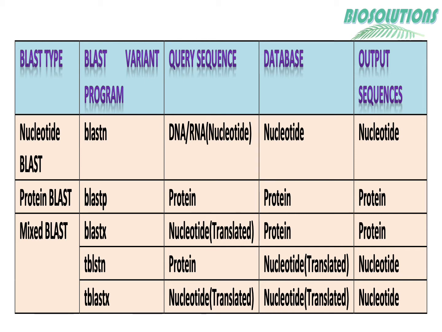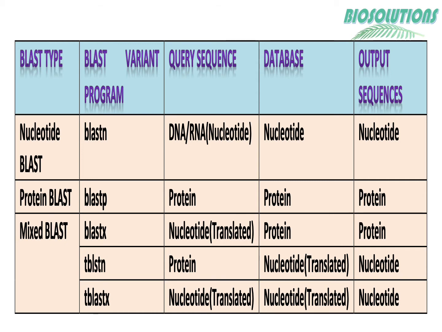the output we want. For example, in nucleotide BLAST, query has to be a nucleotide sequence, and database searched will be again a nucleotide database, and output will be nucleotide. Similarly, in protein, the query and the database will be protein and output will be also a protein sequence. Whereas in mixed BLAST, BLASTx uses a translated nucleotide query and searches against a protein database and gives us results as protein sequences.